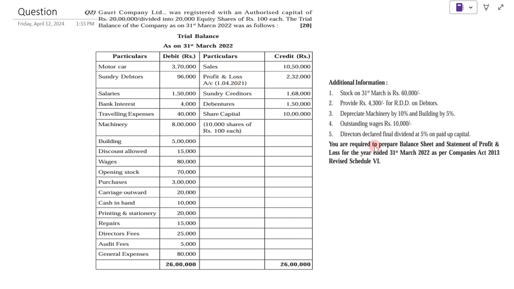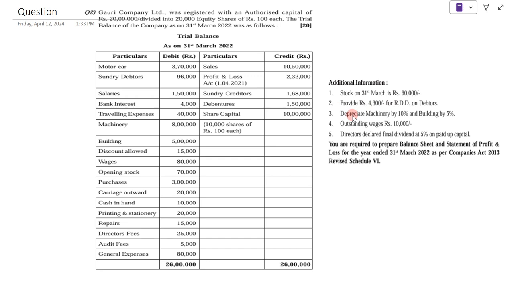Along with this trial balance, there is some additional information given. Closing stock is rupees 60,000 as on 31st March. Second adjustment is provide rupees 4,300 for RDD on debtors.